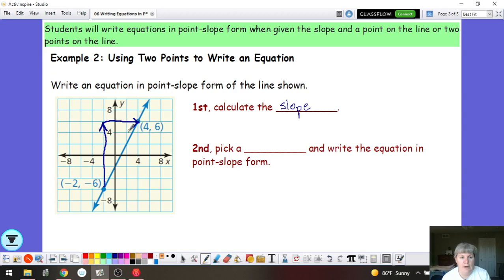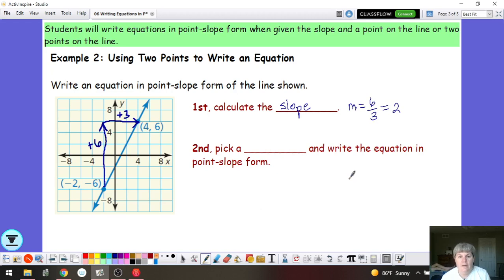And again, I'm going to count spaces. 1, 2, 3, 4, 5, 6 spaces up and 3 spaces to the right. And because I went up and to the right, both of those are positive directions. So I'm going to say a positive 6 over a positive 3. And I'm going to simplify my slope. 6 over 3 simplifies to 2.